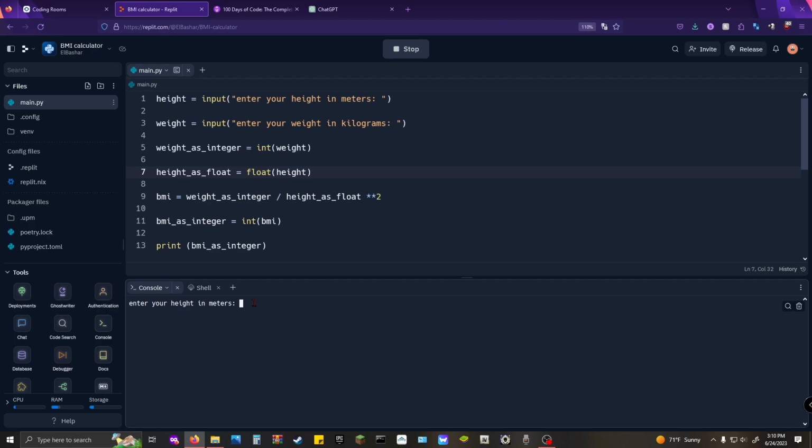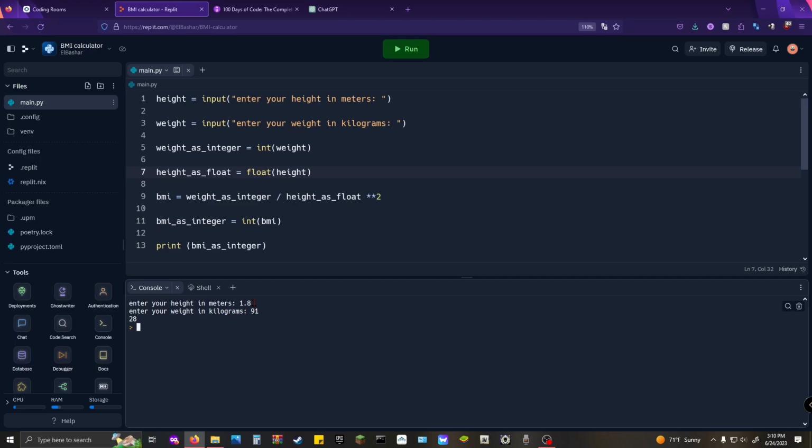So let's just play along. Let's put our height, which is 1.8 meters, which is 6 feet last time I checked, and enter your weight in kilograms. Let's say 91 or 90.7, right? And then we'll get an index of 28. If that was 90, it would just be 27.